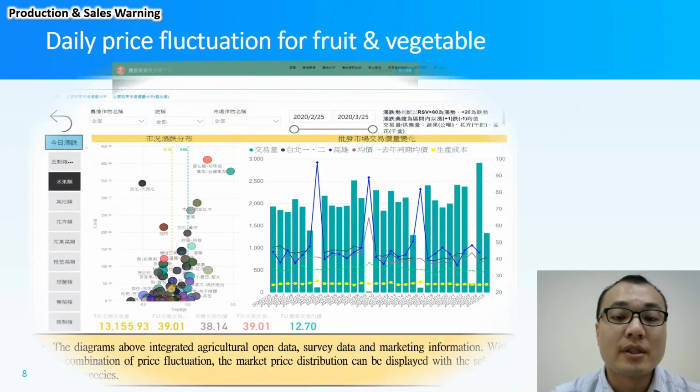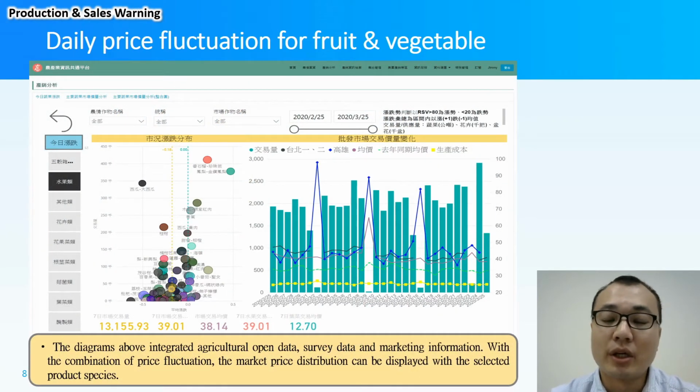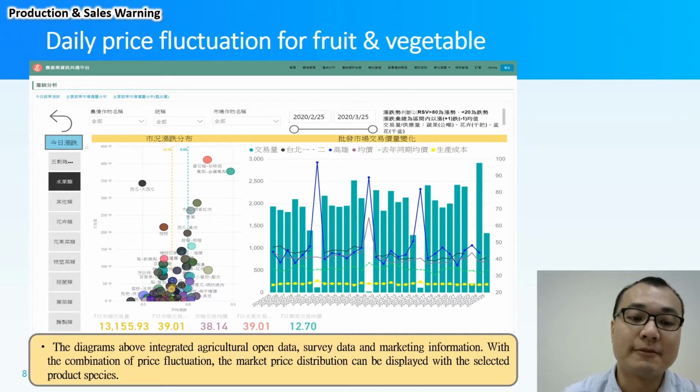The diagrams above integrate agriculture open data, survey data, and market information with the combination of price variation. The market price distribution can be displayed with the selected product species.